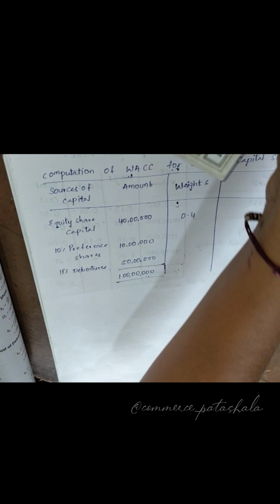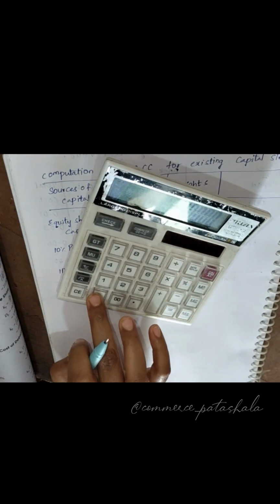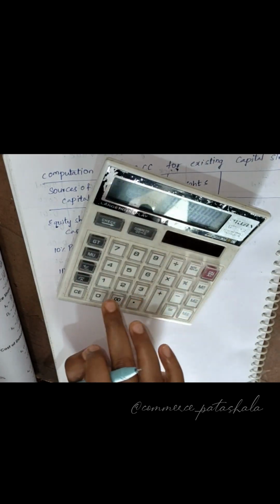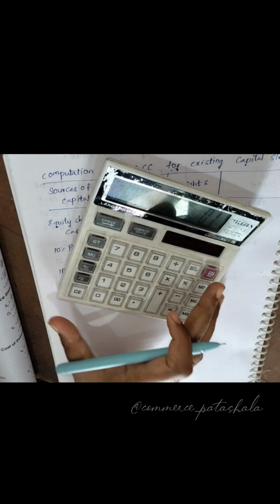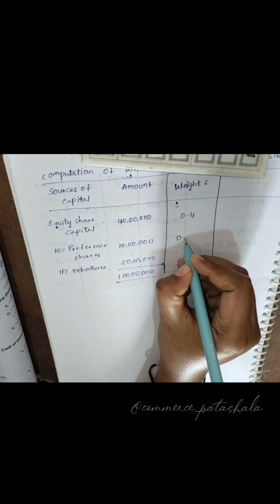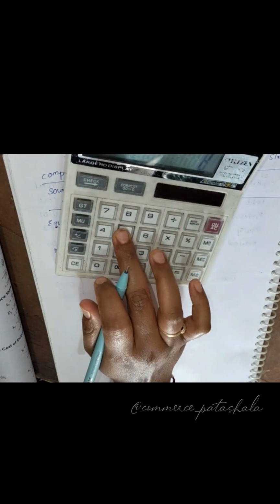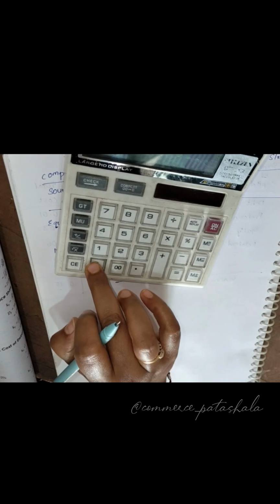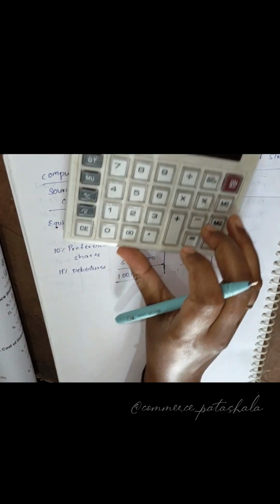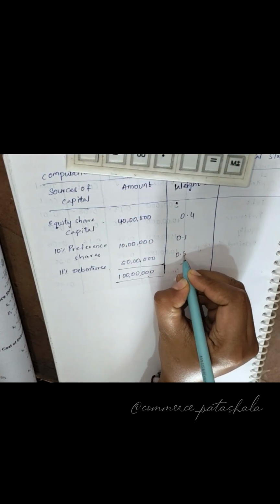Same way, 10 lakhs of preference share capital divided by the overall capital of 1 crore gives you 0.1. And 11% debentures are contributing 50 lakhs out of 1 crore, giving you 50%, that is 0.5.